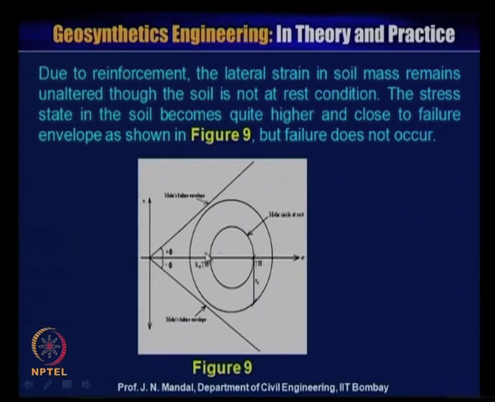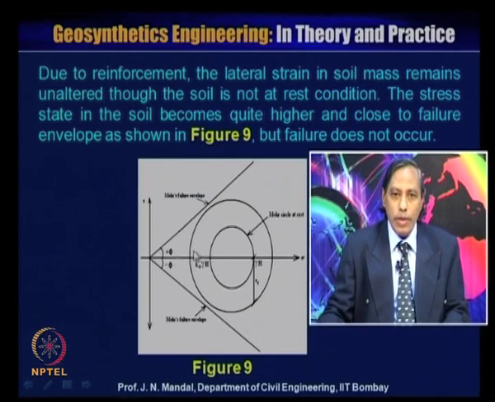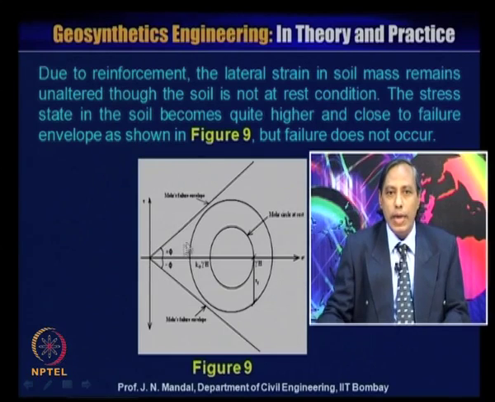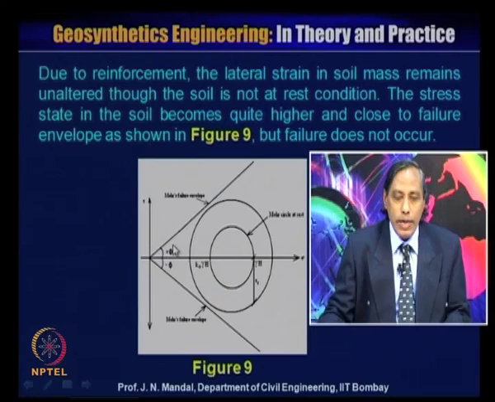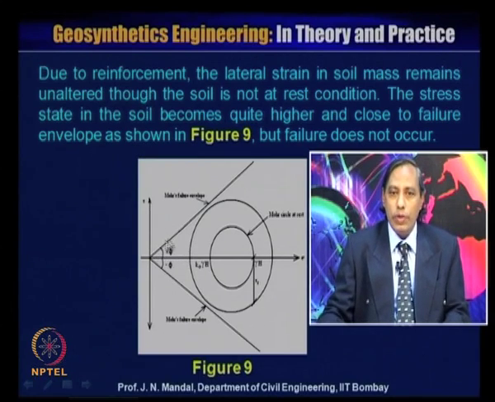Look at this figure. Unreinforced soil obeys the Mohr-Coulomb failure criterion. The cohesionless soil may simply be defined by two linear failure envelopes inclined at an angle of plus phi and minus phi to the normal stress axis, where phi is equal to the internal angle of shearing resistance of the soil.